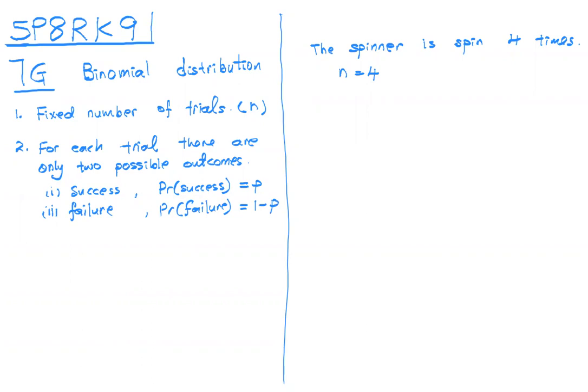So in our case here, first of all, we have to define what is the success. So you cannot just say, okay, spin the spinner 4 times, so you have satisfied the first one. The second one, what do you consider as success for this situation?